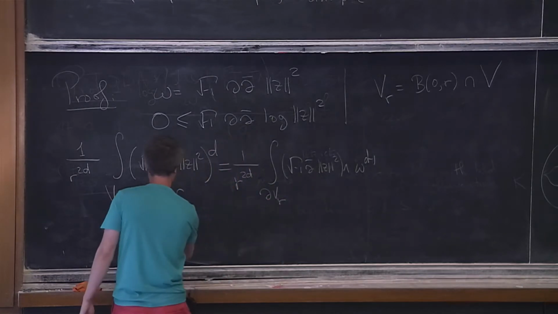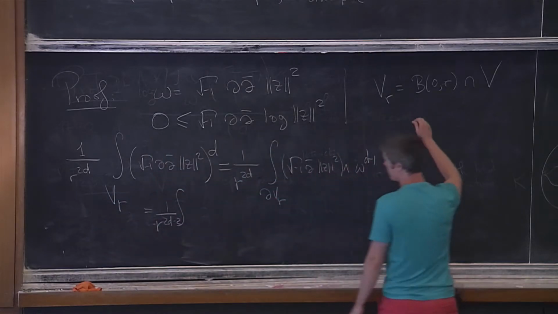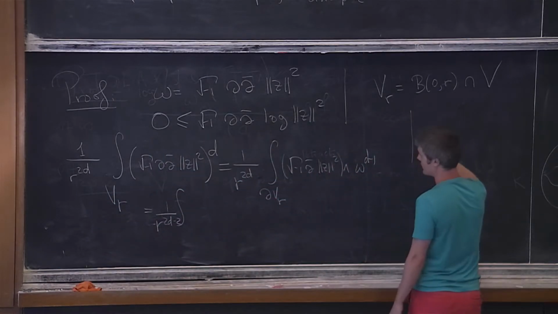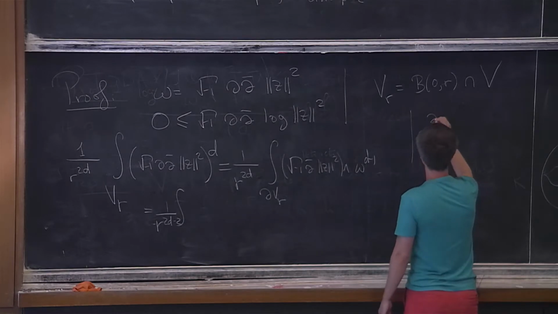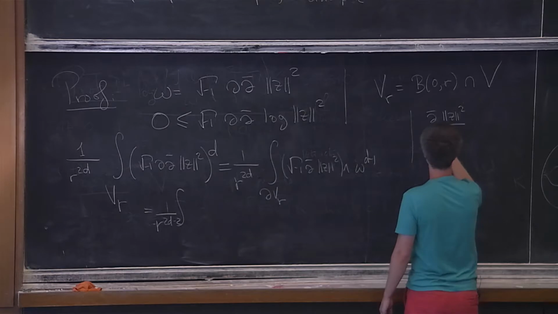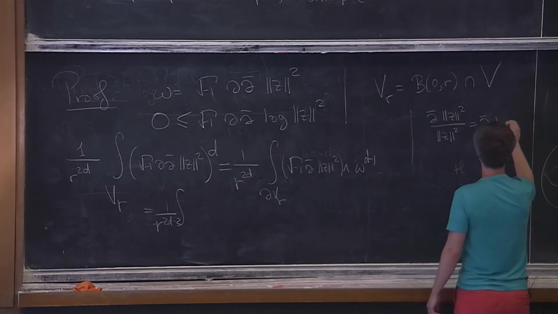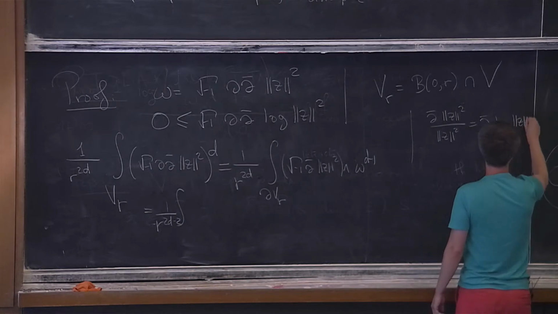So let me just put as an aside what I said in words. I said that d bar of |z|^2 over |z|^2 is the same as d bar of log |z|^2.